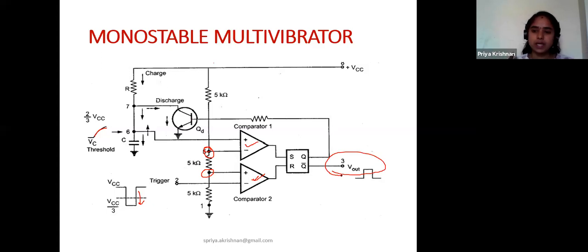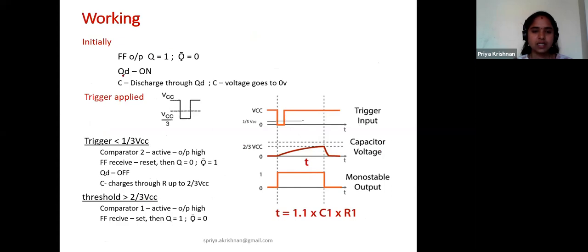Then after the pulse, it again goes back to sleep. Yes, once you look a little deeper into the circuit, it will be very, very clear. I'll share these PPTs with you. I have given clear points on how to work through this, so it will also be very clear for you.